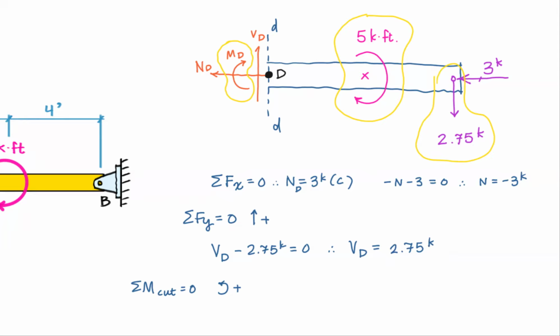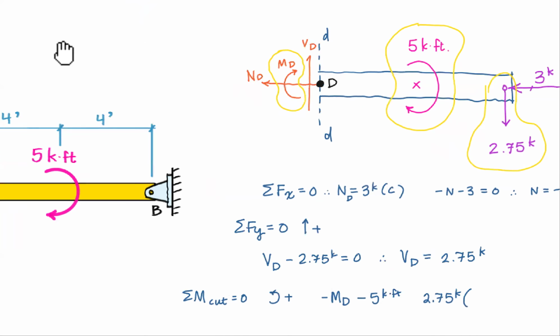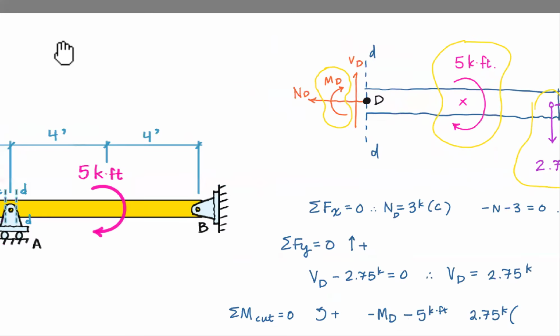Just working from left to right, first term M sub D. That one is clockwise negative, thumbs down. Next I have my 5 kip-feet. That one is clockwise negative, thumbs down. And then I have 2.75 kips at a distance of 8 feet away.